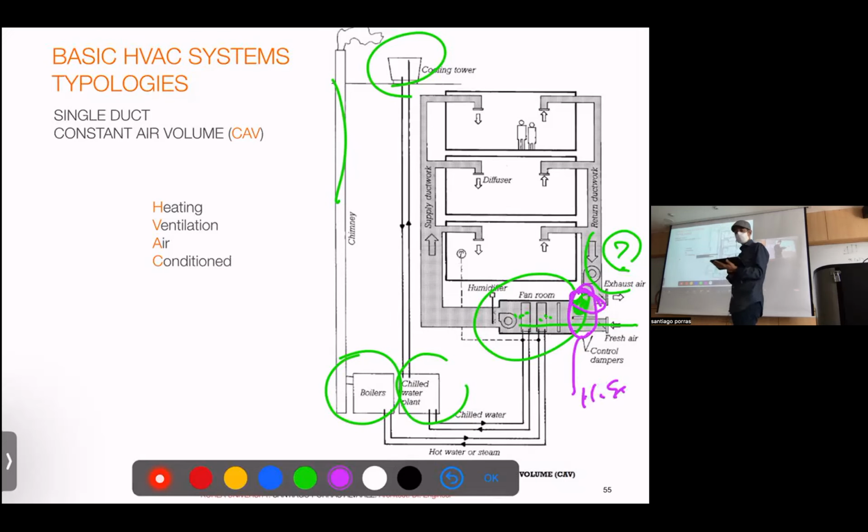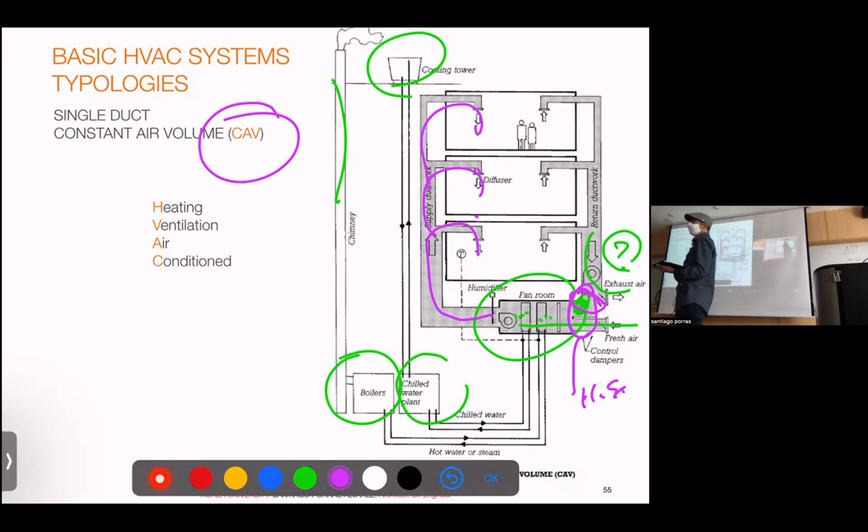This is the most simple constant air volume, the one we have in the school. Everybody gets the same air, cool or hot. You can regulate a volume, but in this case, we have no regulation. Everybody gets cool, everybody gets hot.